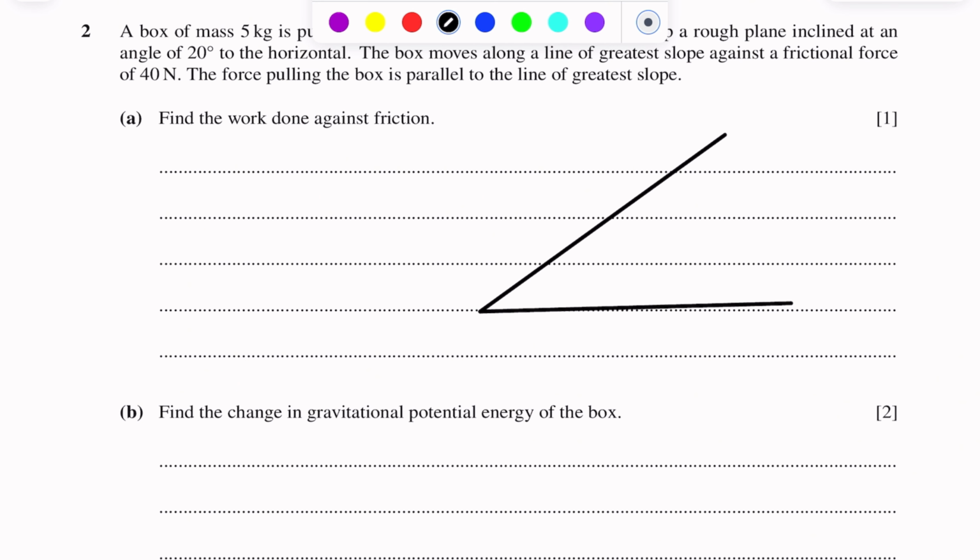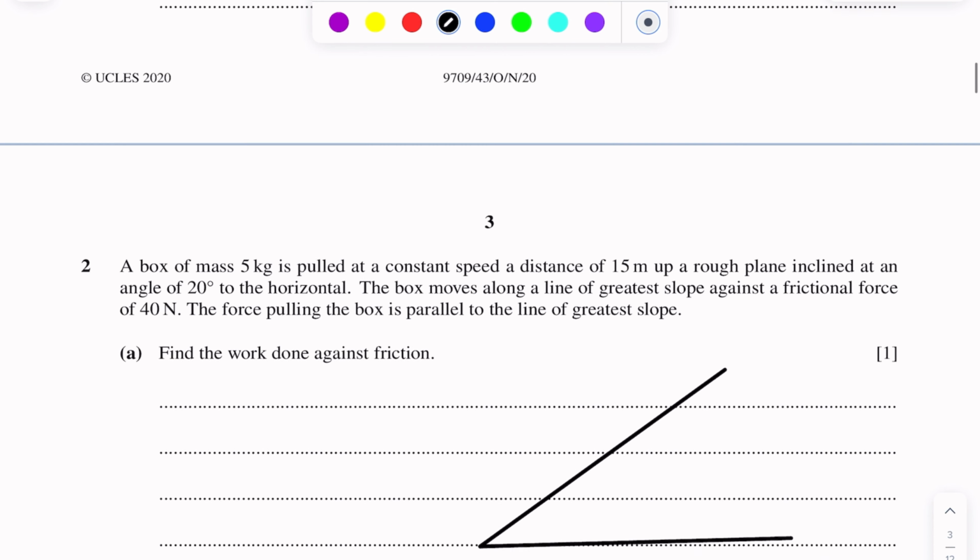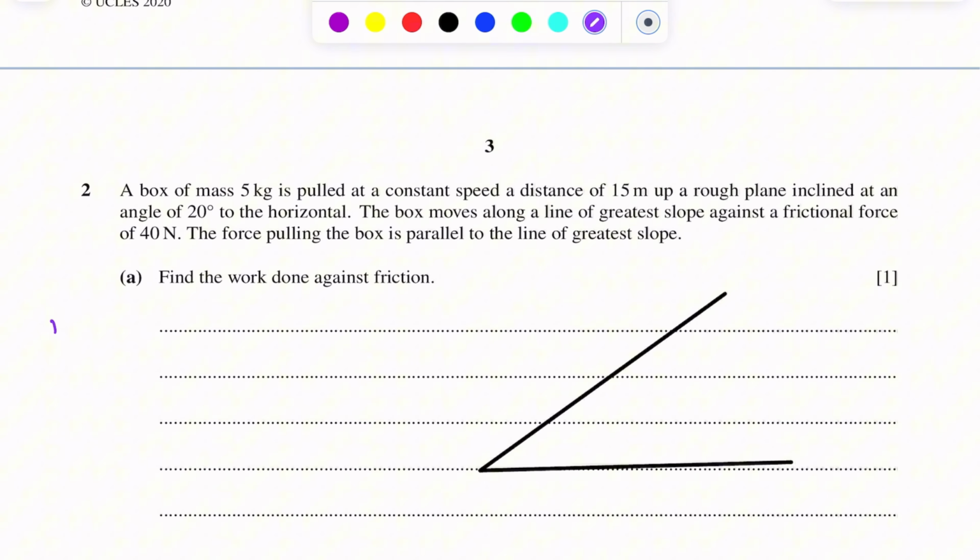The mass of the box is 5 kg. This angle is 20 degrees to the horizontal.